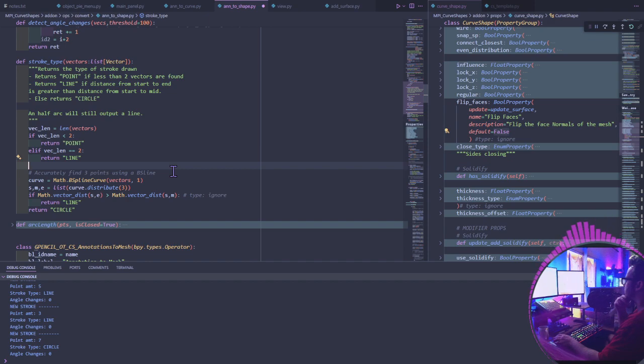Now, I'm finding 3 points using a B-spline. I know this is a big function. It distributes 3 points in there. I wrote down what it does: distance from start to end is greater than distance from start to mid. Start to end, start to mid.